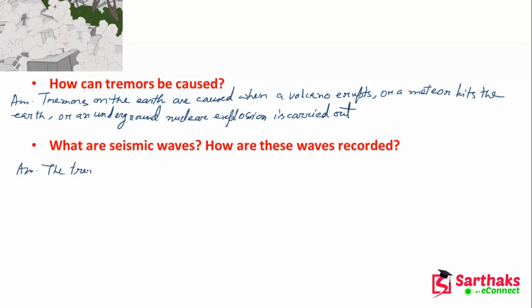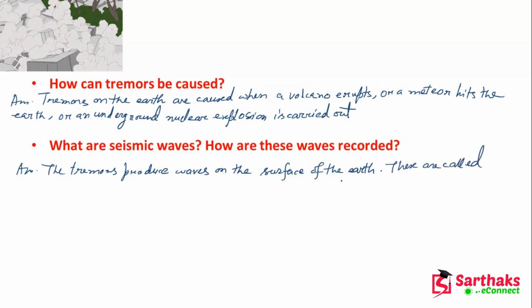The tremors produce waves on the surface of the earth. These are called seismic waves.